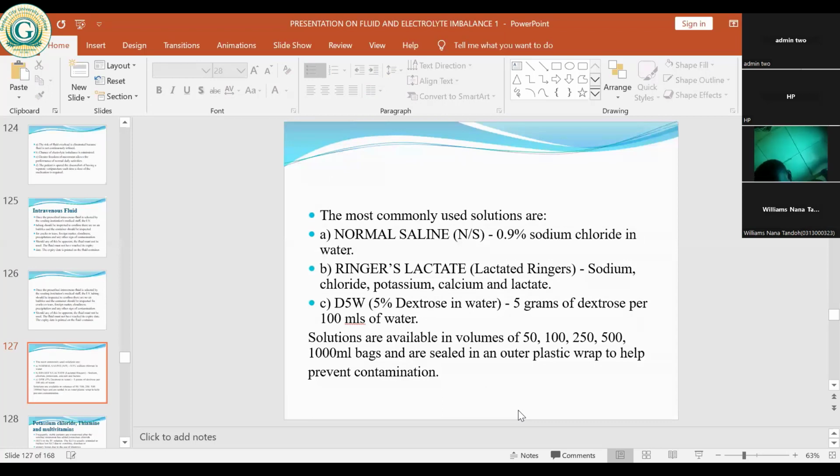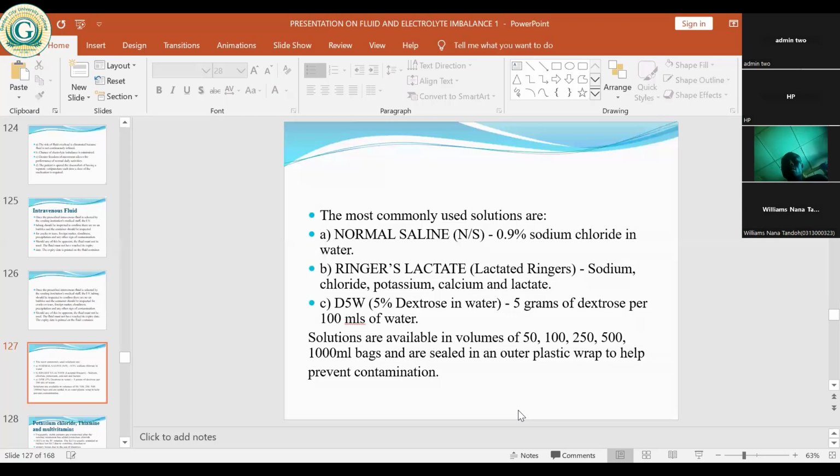Most of the infusions that we use on the wards: we have the normal saline, which is 0.9% sodium chloride in water. We have the Ringer's lactate, which is sodium chloride, potassium, calcium, and lactate. These are the composition of the Ringer's lactate infusion. Then we have the dextrose 5% in water, which is 5 grams of dextrose per 100 ml of water.